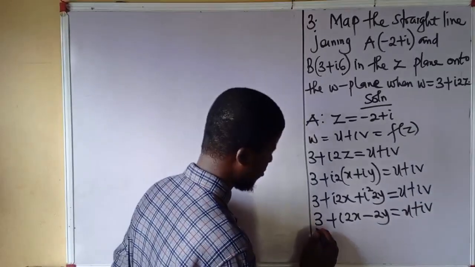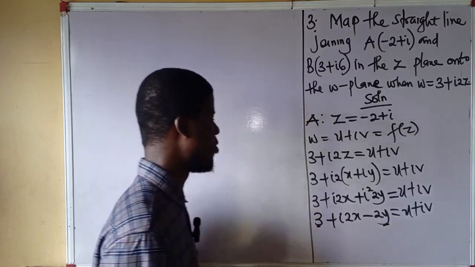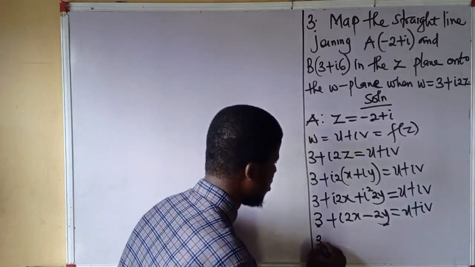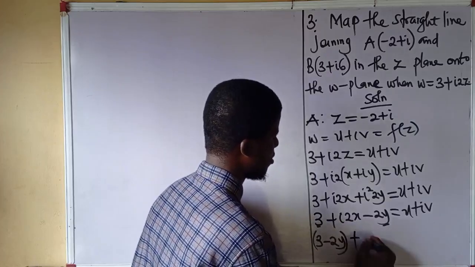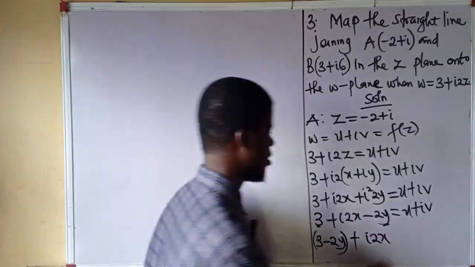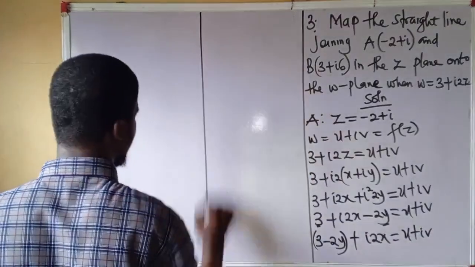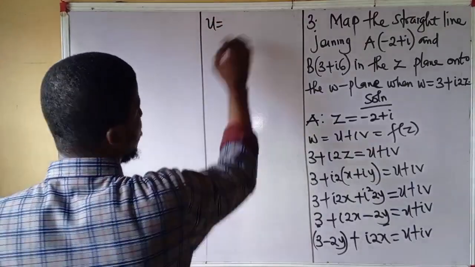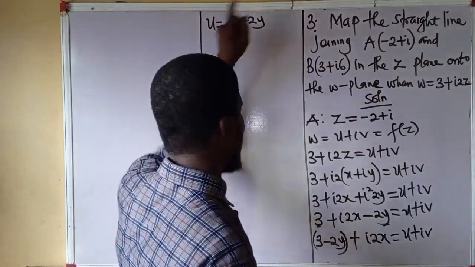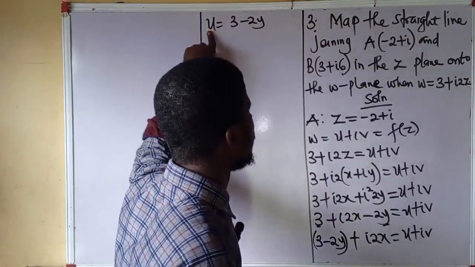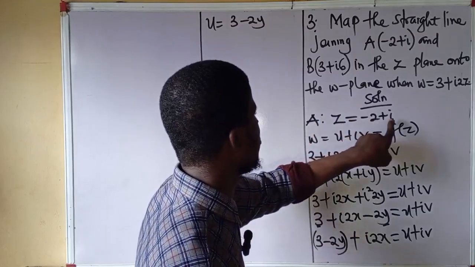Let's group it. 3 and minus 2Y are the real terms here, so 3 minus 2Y, then I2X, that's the imaginary part, equal to U plus IV. Therefore, U is equal to 3 minus 2Y, and V is 2X. Remember, U is a function of X and Y. So if we come back to this point A, X is minus 2 and Y is 1.